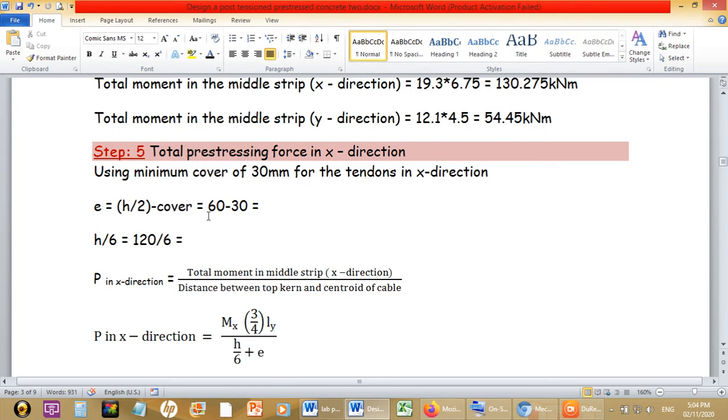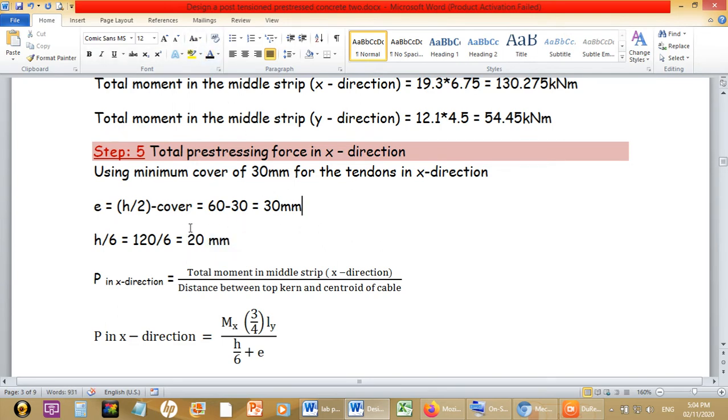By following that principle, we calculate the maximum possible eccentricity, that is h by 2 minus cover, and here we assume the minimum cover for x direction is 30 mm. h is the total depth, 120 divided by 2 is 60, minus cover 30. So we get the eccentricity as 30 mm. And kern zone is h by 6, 120 divided by 6, which directly gives 20 mm.